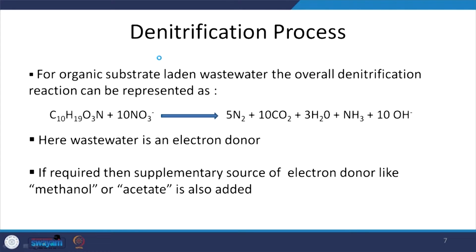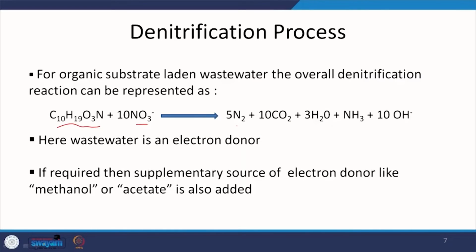If organic matter is present, fine, that will be used. Organic matter can be the waste in the wastewater itself. But depending on how you are configuring the system, if you don't have organic carbon, where is the electron donor? There is none. So in that case, you add a source of organic carbon.